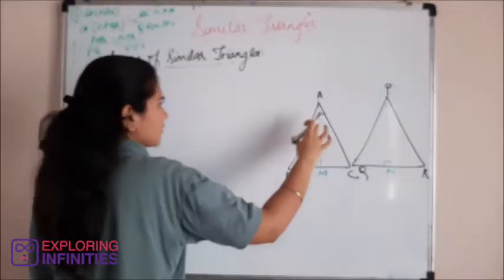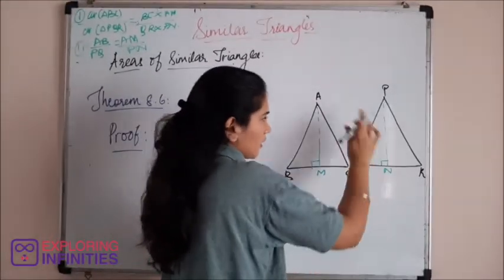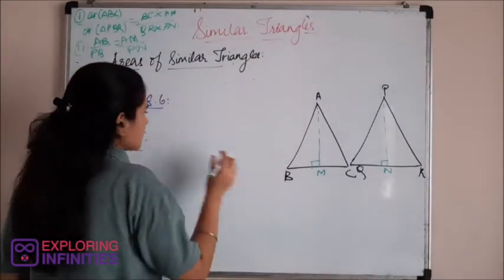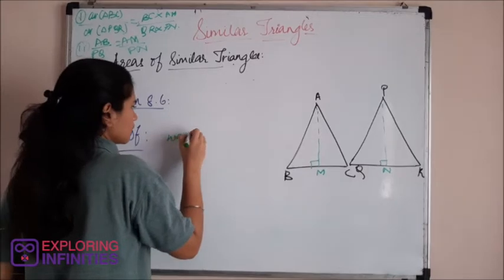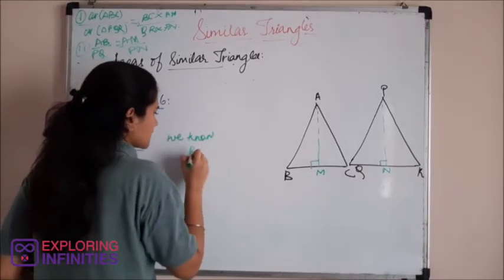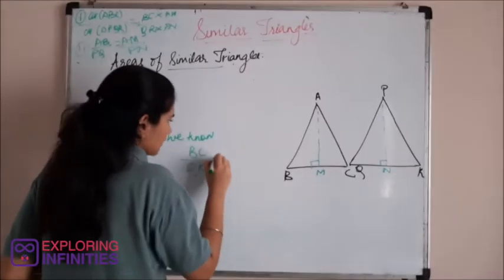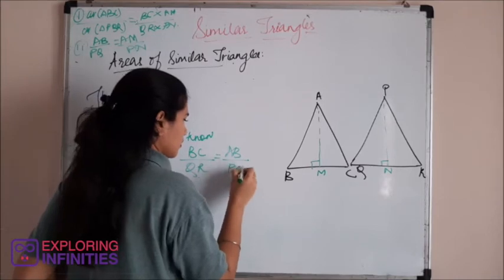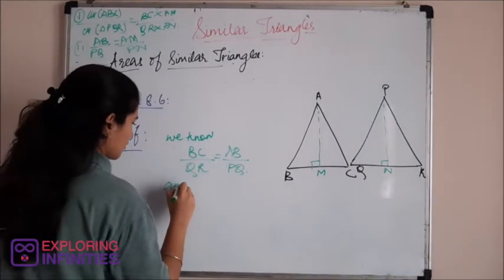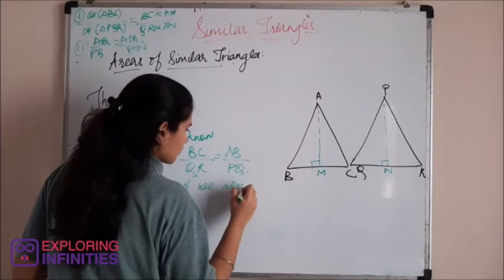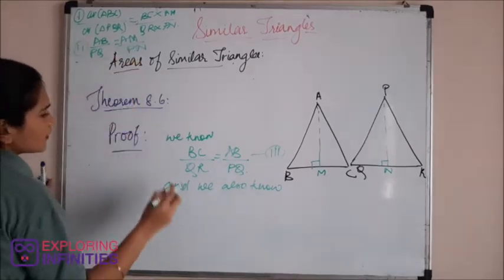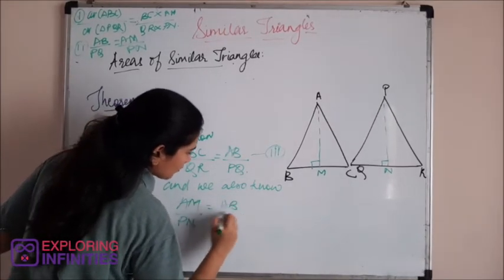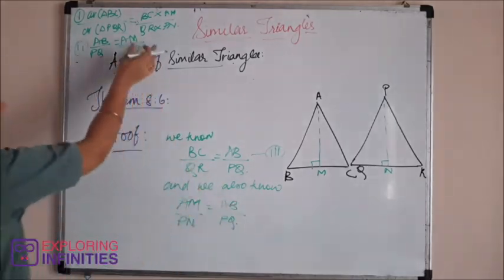Since we know that AB divided by PQ is equal to BC divided by QR, which is equal to AC divided by PR, we can write BC divided by QR as, we know, BC divided by QR is equal to also AB divided by PQ, and we also know AM divided by PN is equal to AB divided by PQ. We can also call it that way, right?